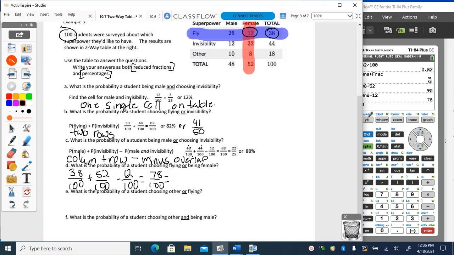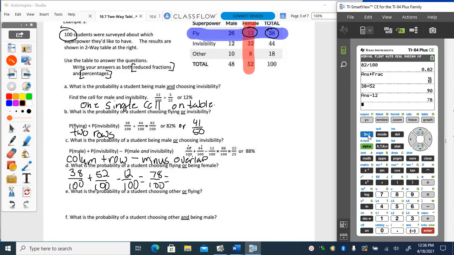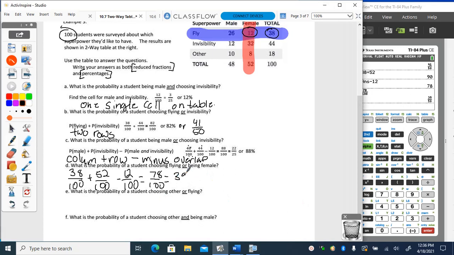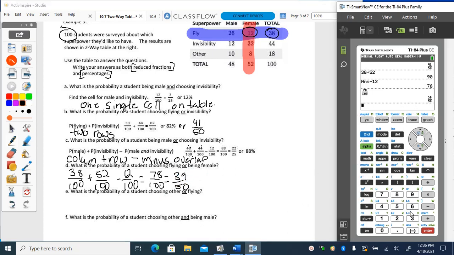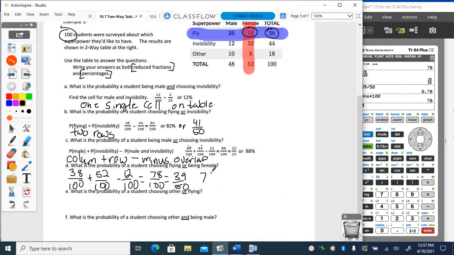Now let's see what that is as a reduced fraction. 78 over 100 gets us 39 over 50 for our reduced fraction. And then 39 divided by 50 times 100 gets us 78%. So you either have 39 over 50 or 78%.